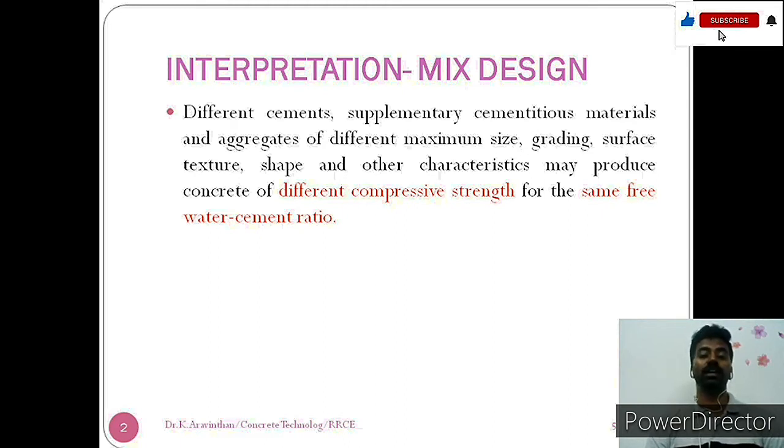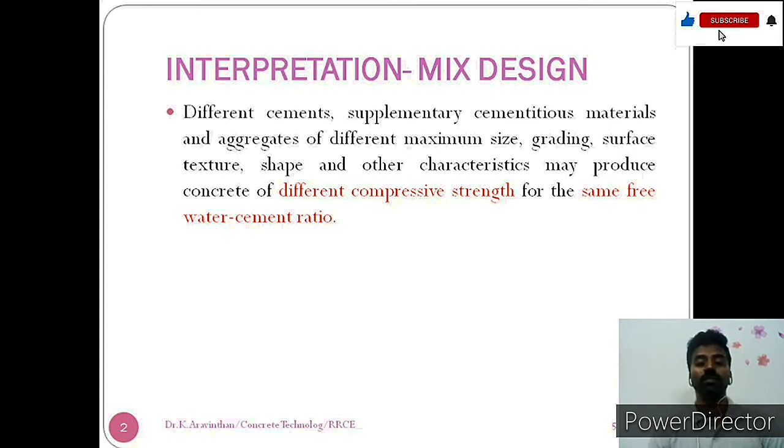Since the ingredients and their properties have a variety of physical and chemical characters, a trial mix is needed after the mix design, for 2 or 4 times, to suit a particular project.